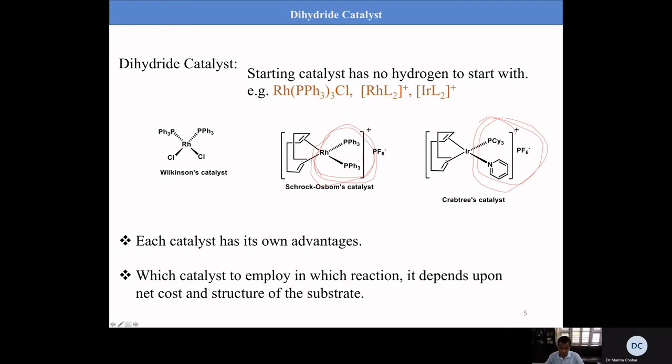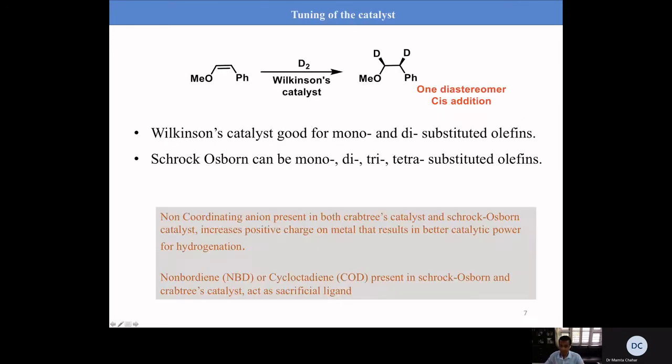These are positively charged species, as you can see, both of them, and they can interact with the metal center. The olefin can interact with the metal center pretty effectively, because the sigma bonding has to be really effective. The olefin donation to the metal center is effective because of the cationic charge, and this makes it very effective for olefin binding, and the hydrogenation reaction proceeds.